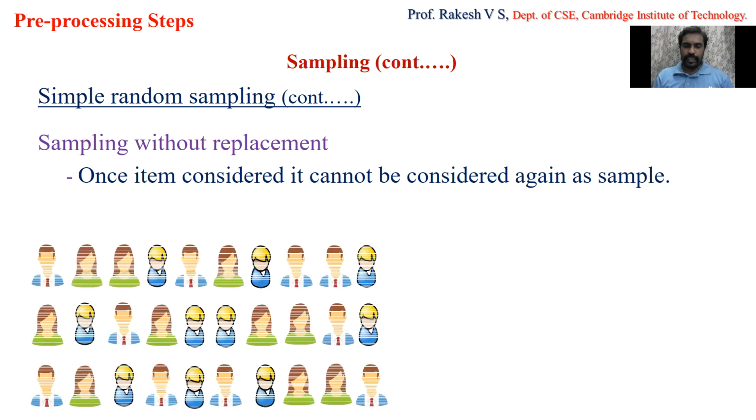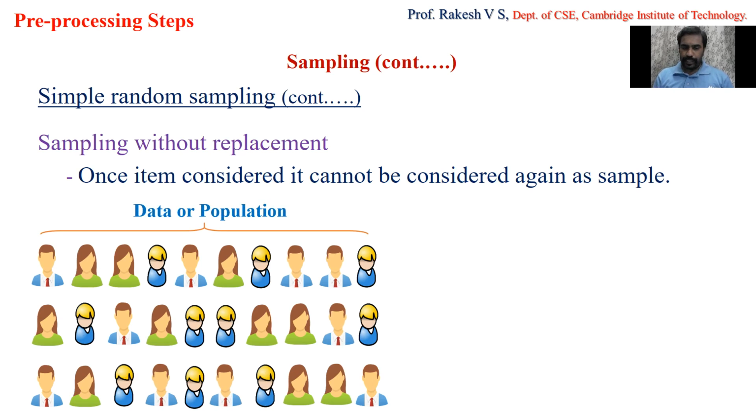For example, consider the data objects given. In the case of sampling, data objects are also called populations.